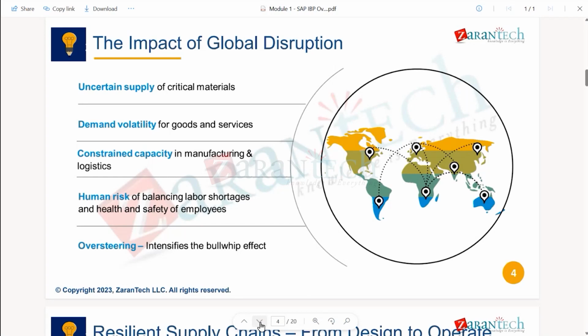Over and above the supply uncertainty, which is always there in the current dynamic markets, we also have a lot of volatility in the demand for goods and services. So most of the goods and services are dependent on many other external factors which are beyond our control. So at any point in time, you will see that there is a huge variability in the demand.